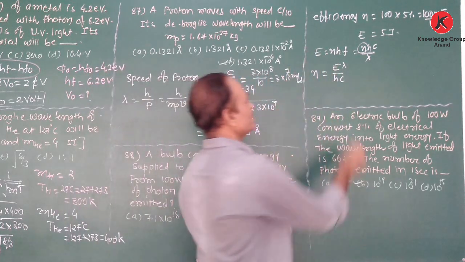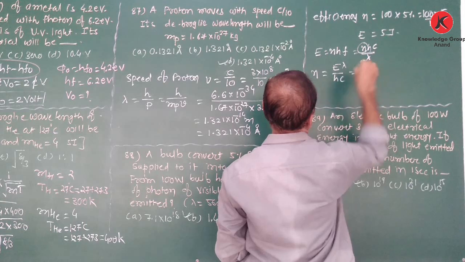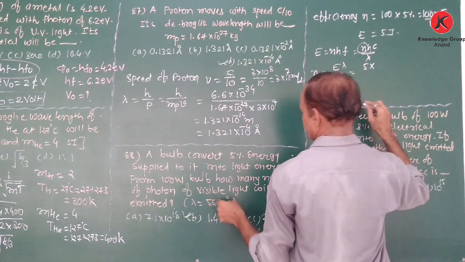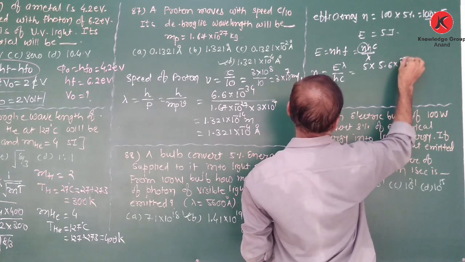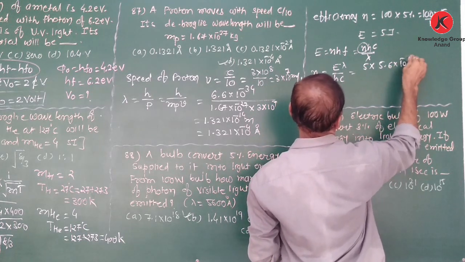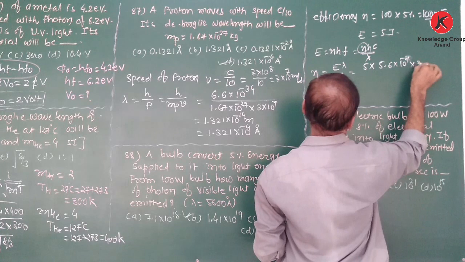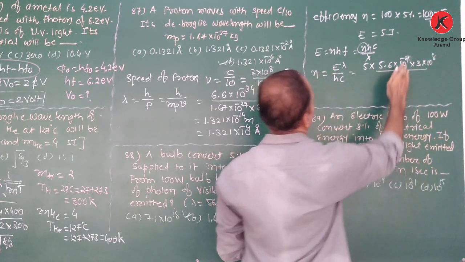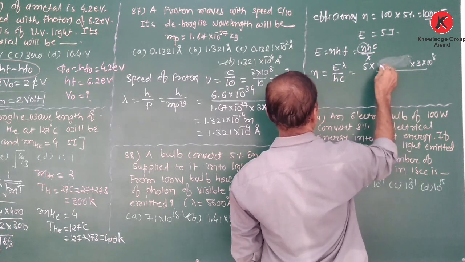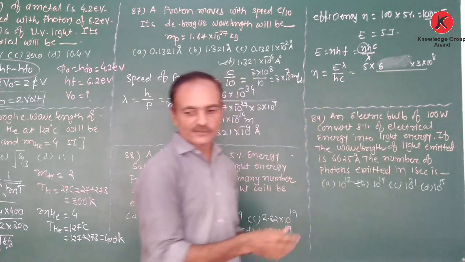E we already obtained, that is 5 joule. Lambda is given as 5600 angstrom, therefore 5.6 into 10 to the minus 7, c the velocity of light in vacuum, upon the Planck's constant 6.62 into 10 to the minus 34.